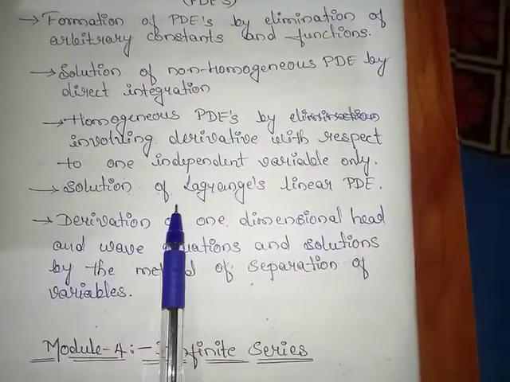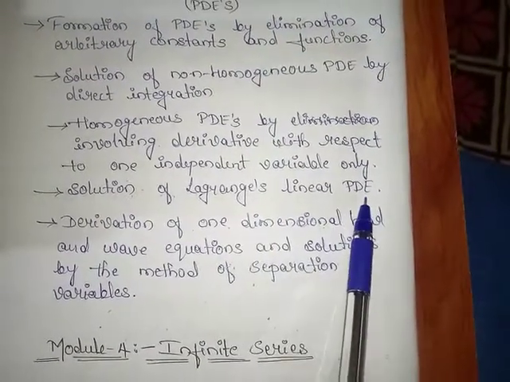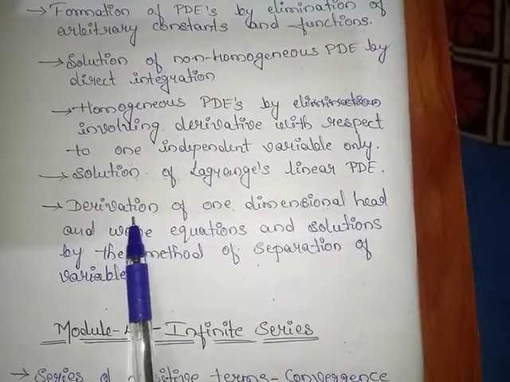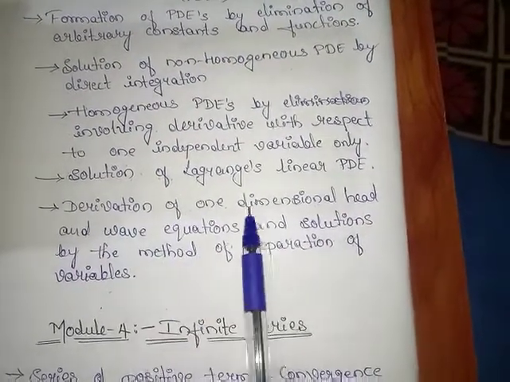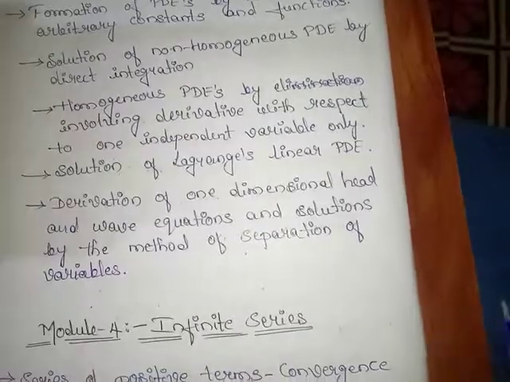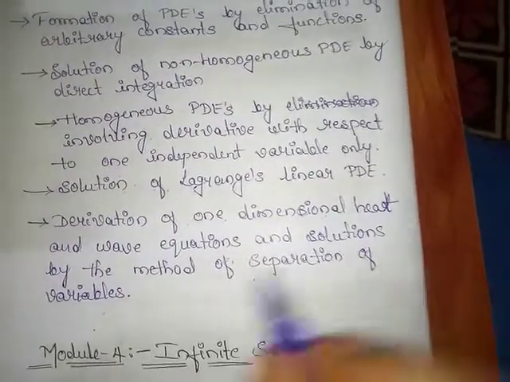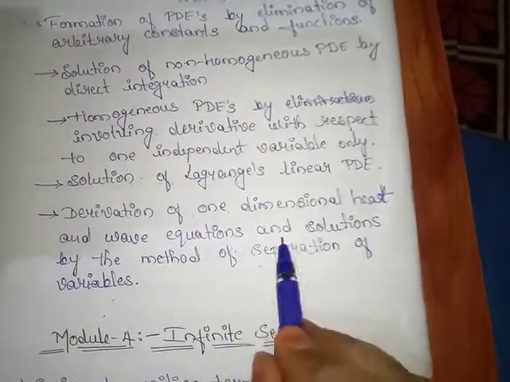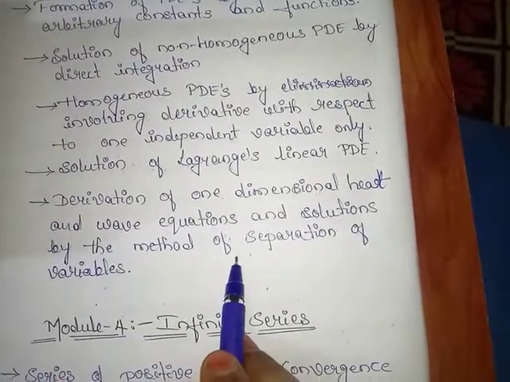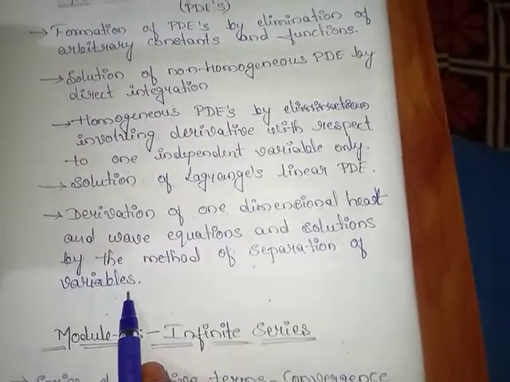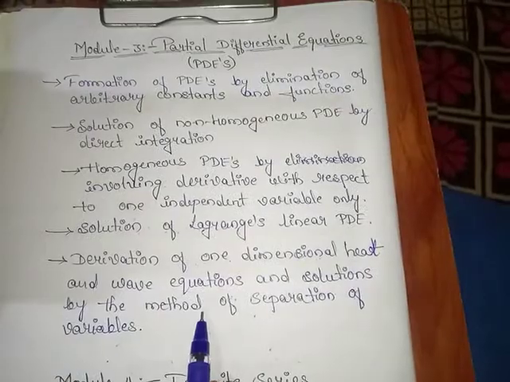Next is solution of Legendre's linear PDE, then derivation of one-dimensional heat and wave equations, and solution by the method of separation of variables. These are the concepts we will study in the third module.